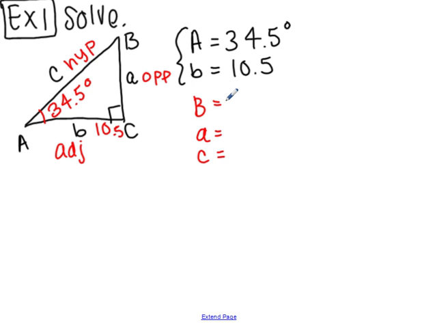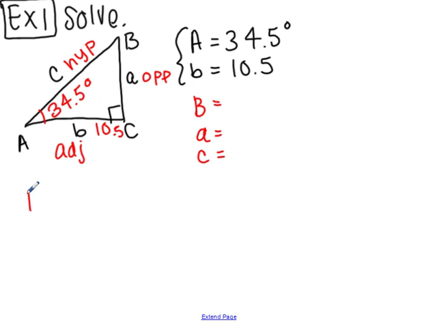So let's start with the angle B. Angle B is this angle up here. In geometry, you learn that all the angles inside a triangle add up to 180 degrees. This is a right triangle. So because I have 90 degrees already, that means that these two angles, angle A and angle B, must add up to 90 degrees.